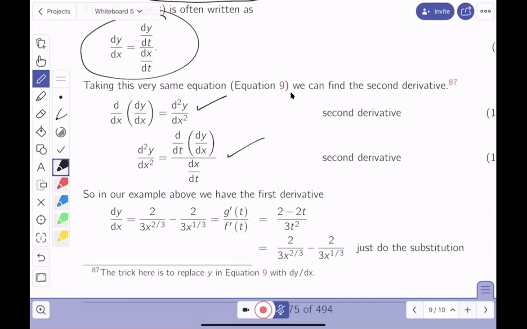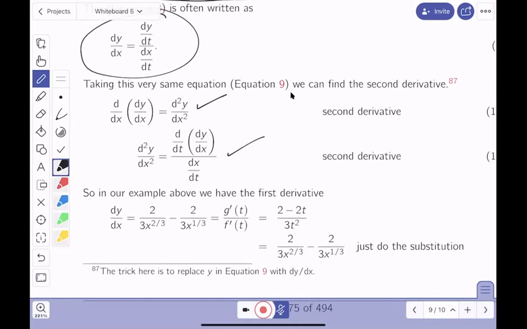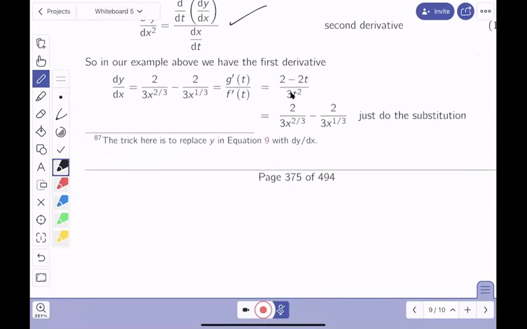That's a second derivative. Let me look at that. Yeah, we're taking the derivative of y with respect to x. We're differentiating with respect to t on that one over dx/dt, second derivative. Whoa, whoa, whoa, whoa. I got to write that down now.